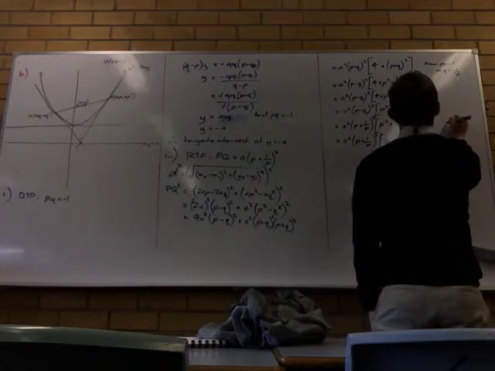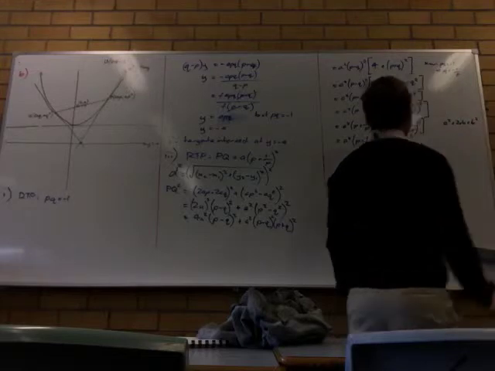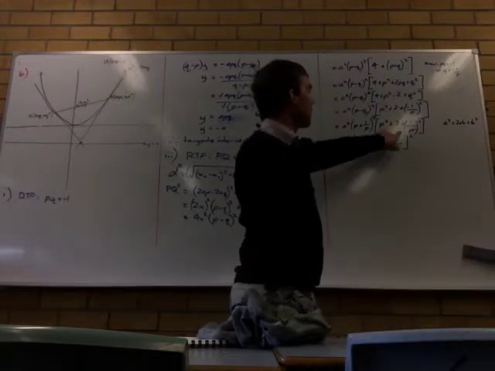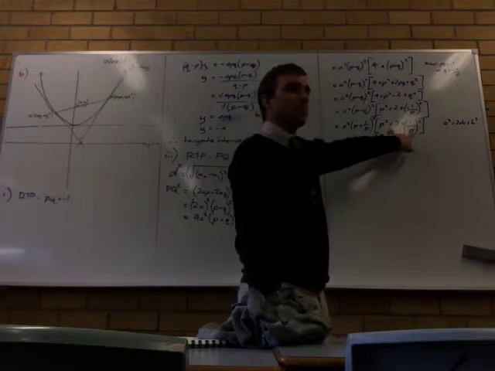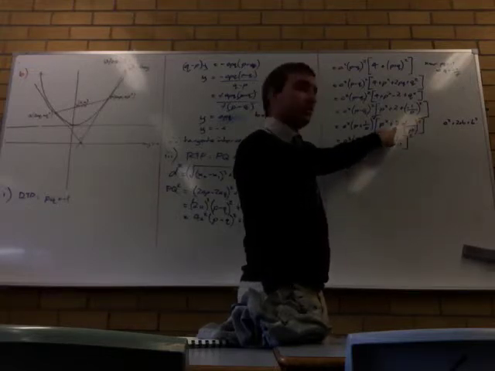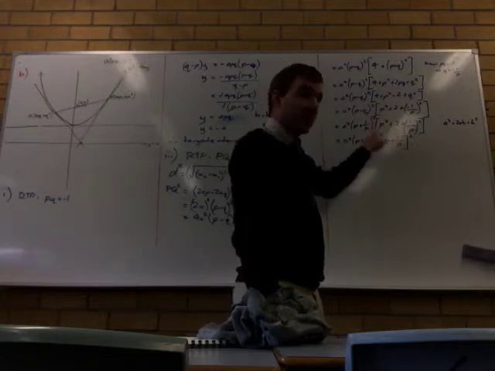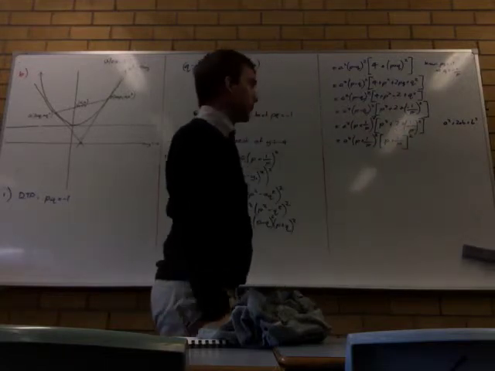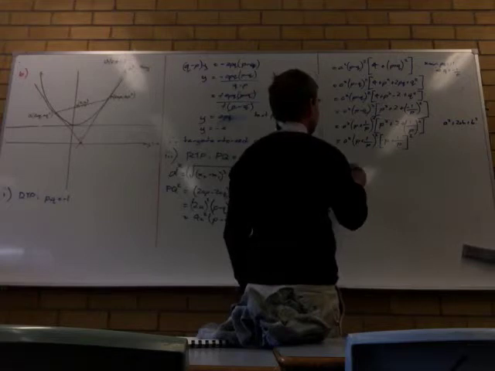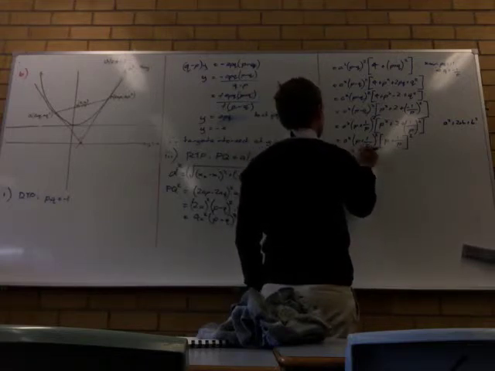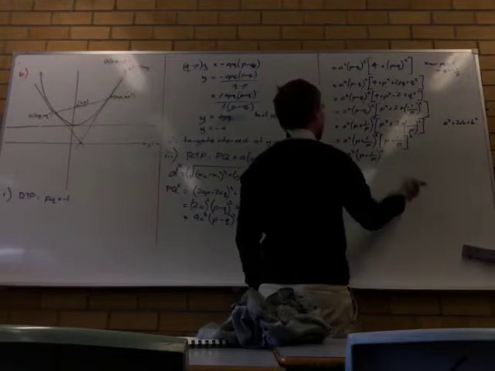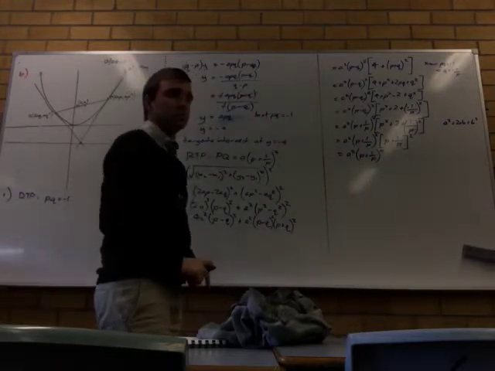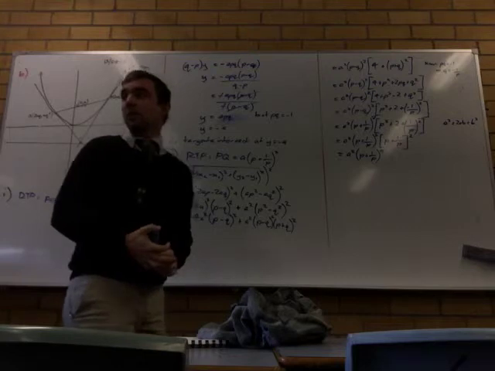This is in the form A squared plus 2AB plus B squared. Okay, so we multiply these two terms together, we'll get 1, and we double it. So this factorises to a perfect square for us. Same base, we can add our powers.